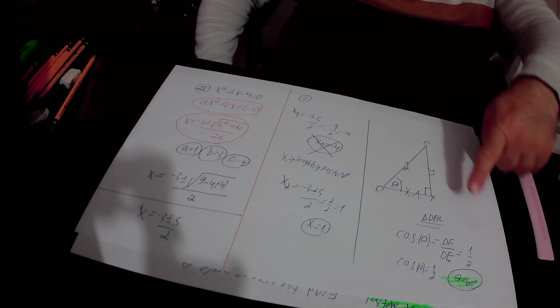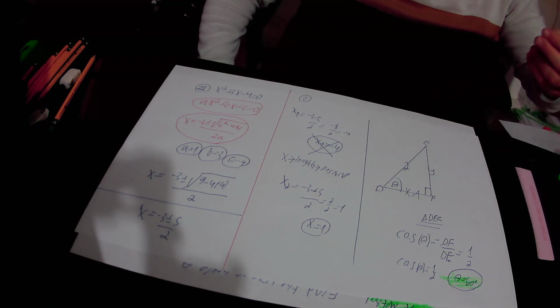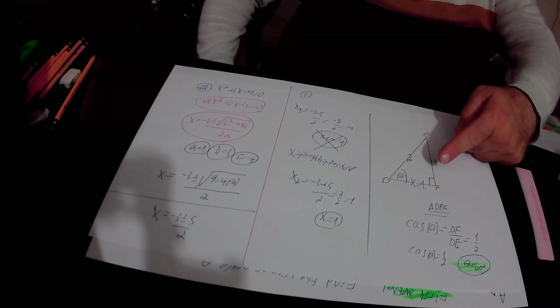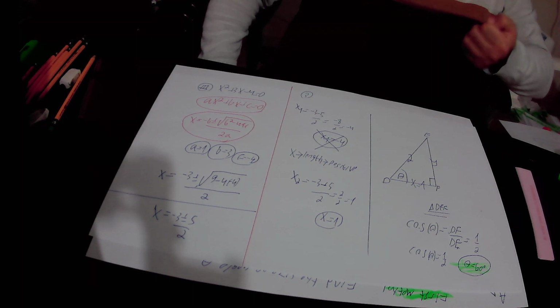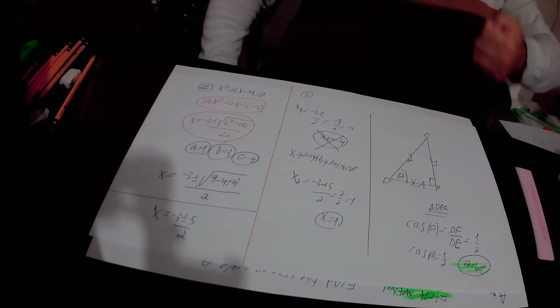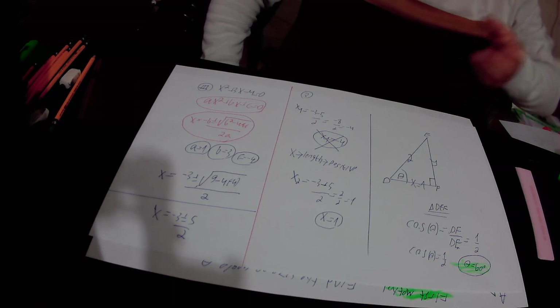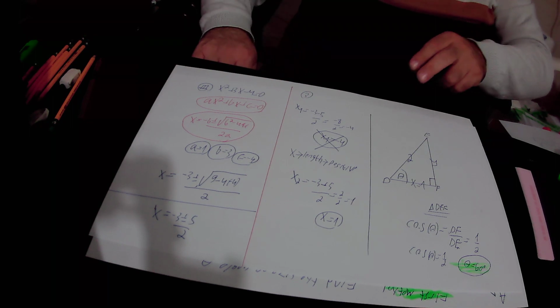DF equals 1 and ED equals 2. So cosine theta equals 1 over 2, and if cosine theta equals 1 over 2, the angle theta itself equals 60 degrees. So the angle we are looking for is 60 degrees. That is the answer to the question.